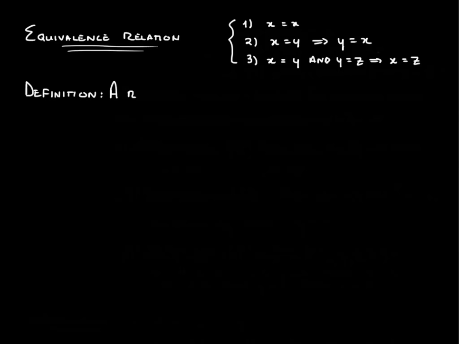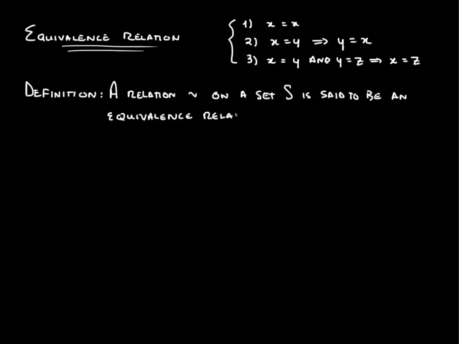So we want to generalize this so that it can work on any set. We're going to start with a relation tilde on a set S is said to be an equivalence relation on S if it is, and we're going to have three criteria here.